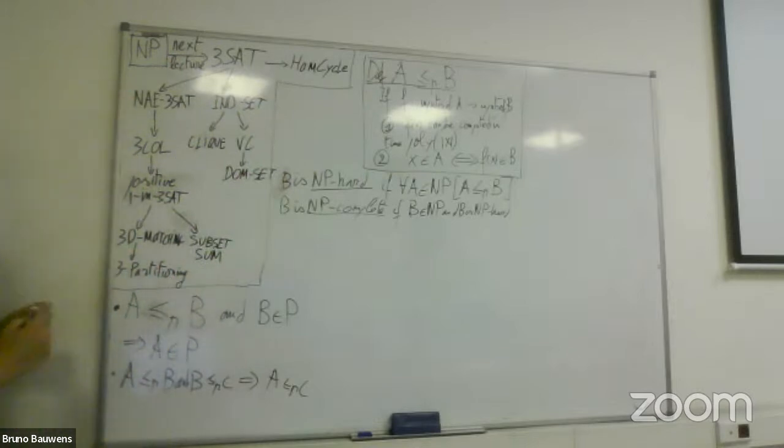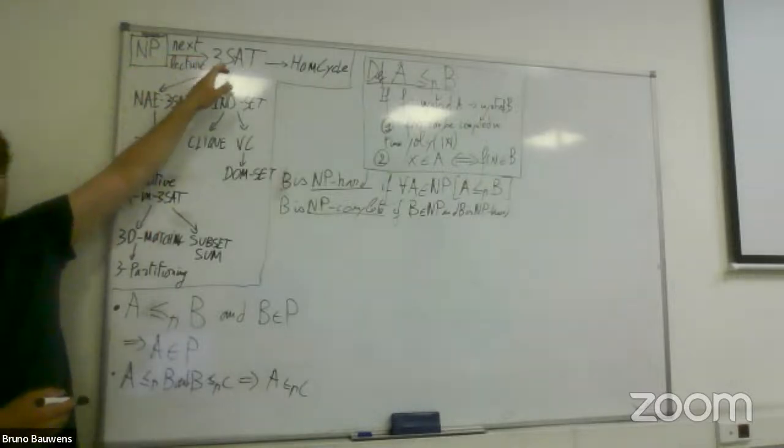No, you know that clique is in NP, and you know that every NP problem is reducible to 3SAT, and 3SAT is reducible to clique. And using transitivity, you know that every NP problem is reducible to clique, and then clique is NP-hard. Okay. So from every problem here, we go here.